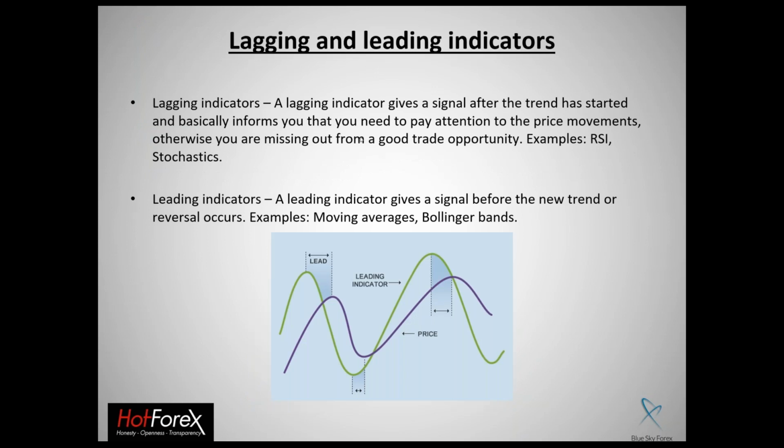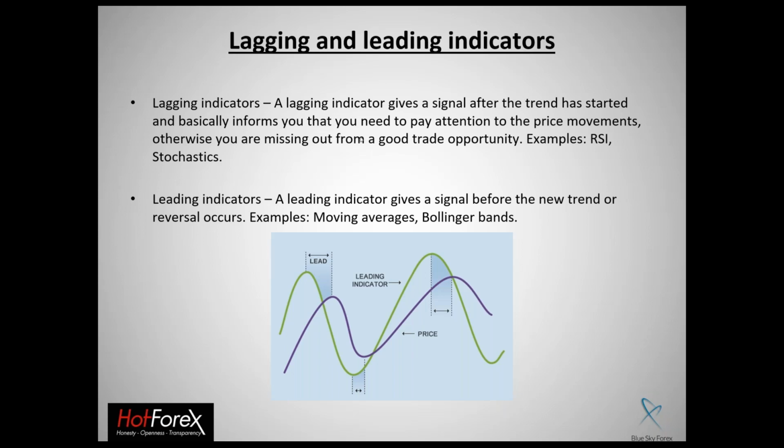Now, the other way how you can categorize the indicators is a lagging indicator and a leading indicator. Okay. So what is a lagging indicator? A lagging indicator gives a signal, a trading signal, after the trend has already formed to some degree. Okay.